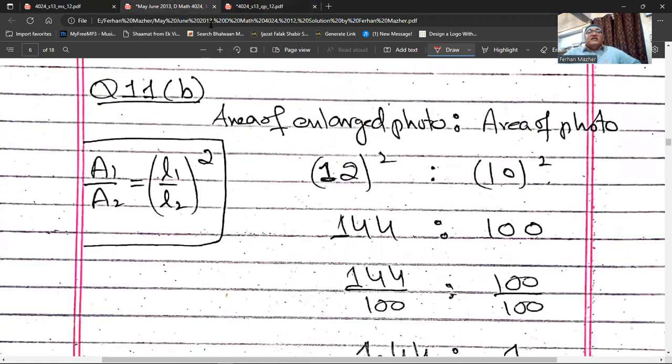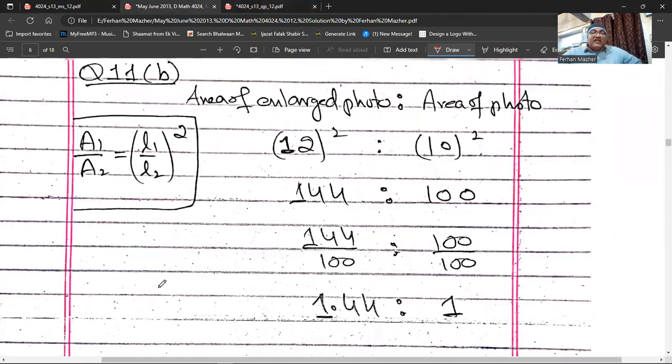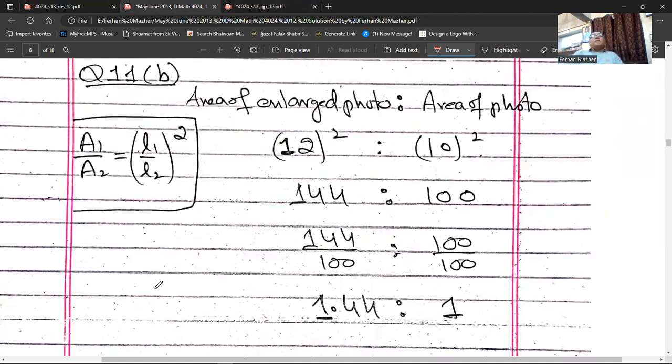You remember similar figures: the ratio of the areas is equal to the ratio of the sides squared. In the large figure the side is 12, and in the original figure the side is 10. So area 1 by area 2 is equal to L1 by L2 whole square. It will be 12 square, that is 144, over 10 square, that is 100.